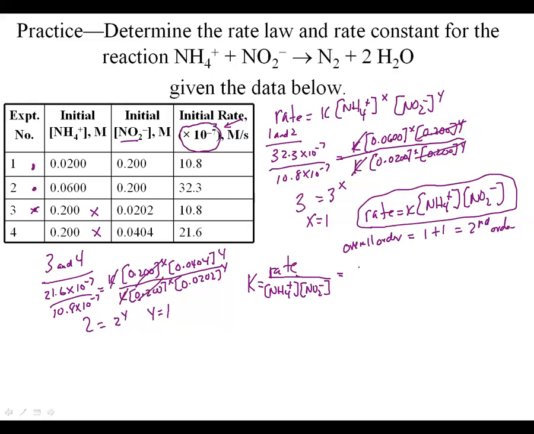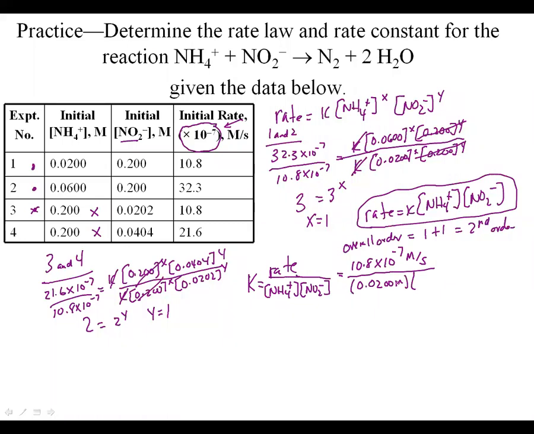And this is also really important that you do have that value there to the minus 7 in this particular case. And we're going to divide it by our 0.02 molar, which is our NH4 plus, and our 0.2 molar, which is our other guy.